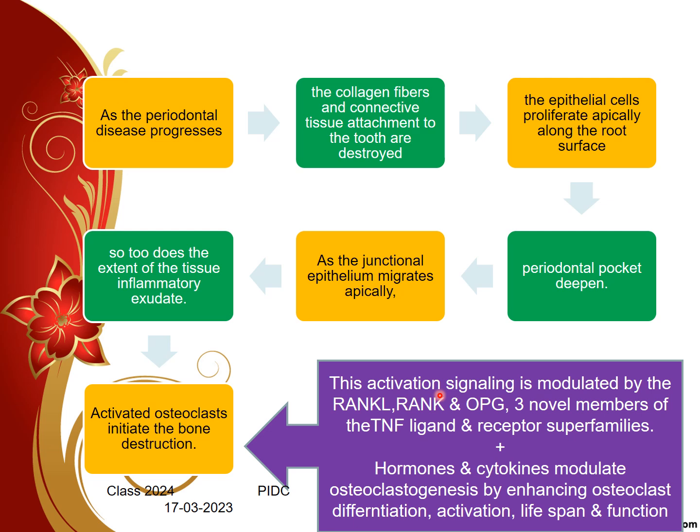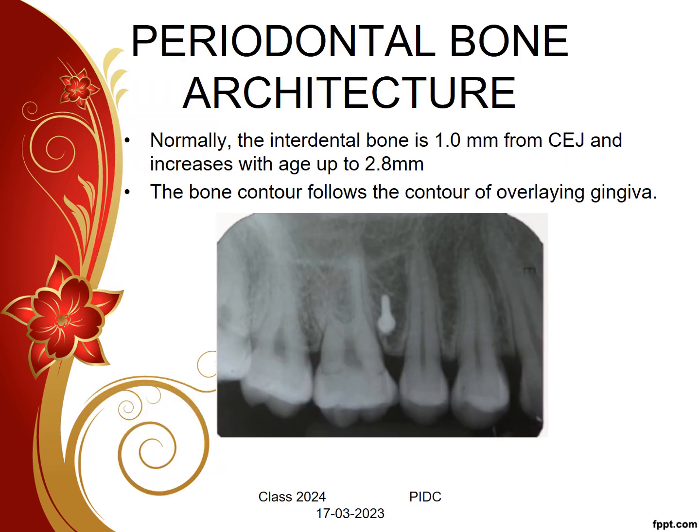So just understand that activation of osteoclast takes place with the help of these three members, or by the help of hormones and cytokines which modulate osteoclastogenesis, which is the formation of osteoclasts, by enhancing the osteoclast differentiation, activation, lifespan, and function.